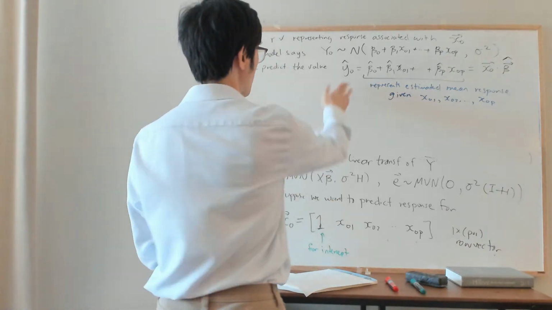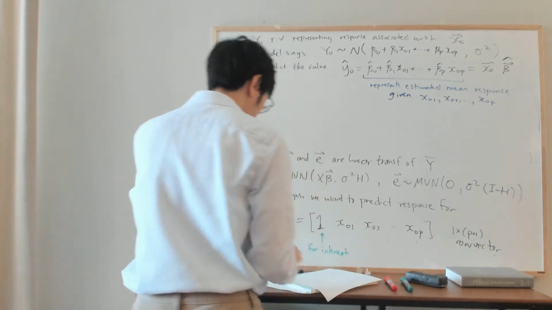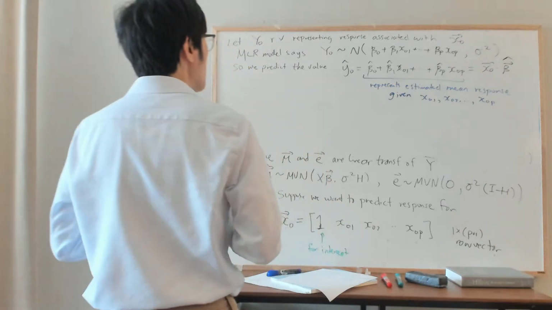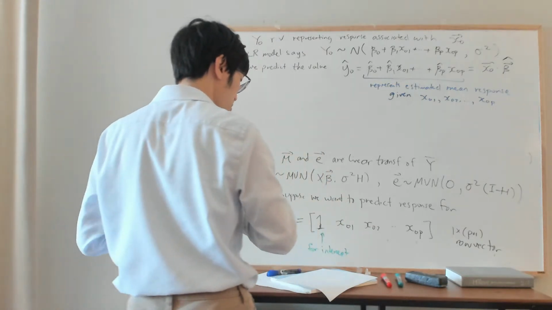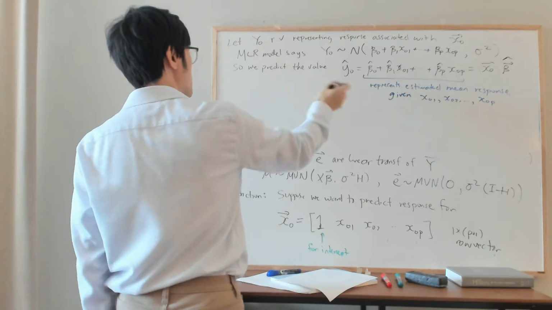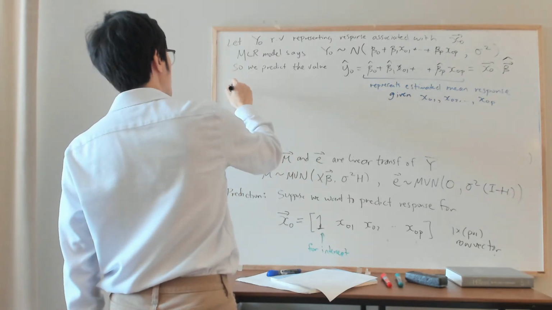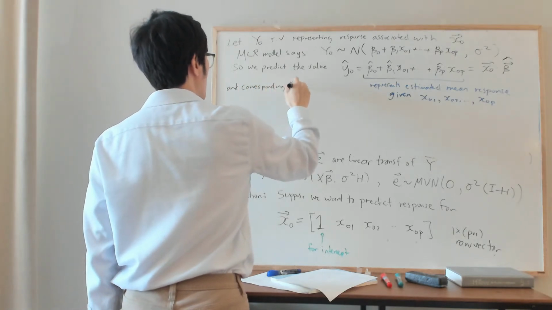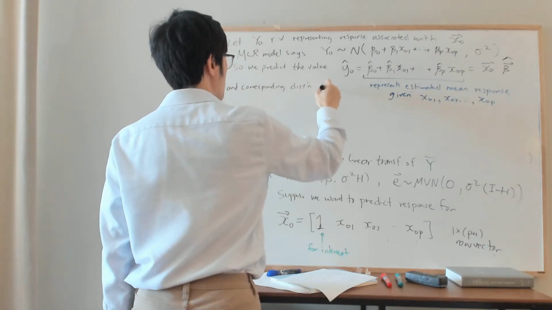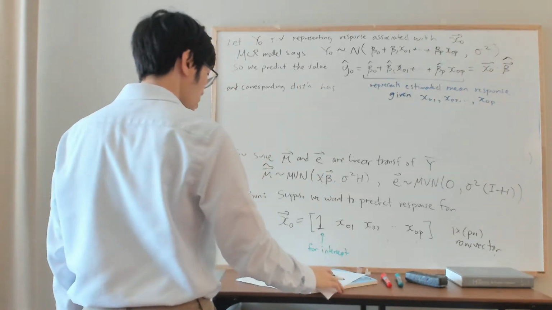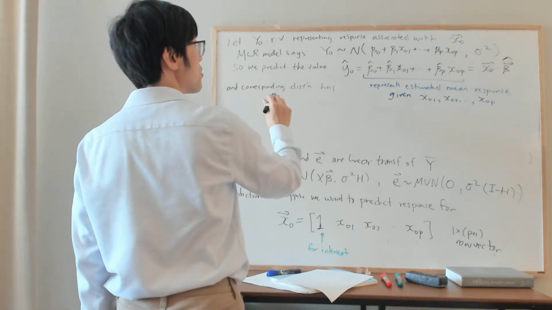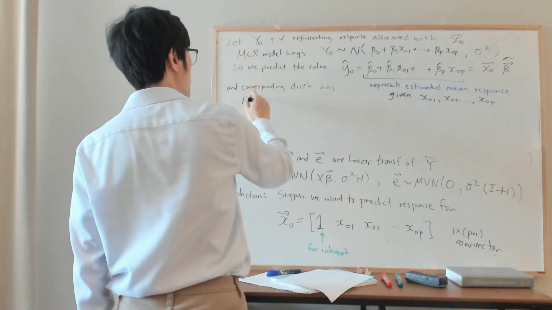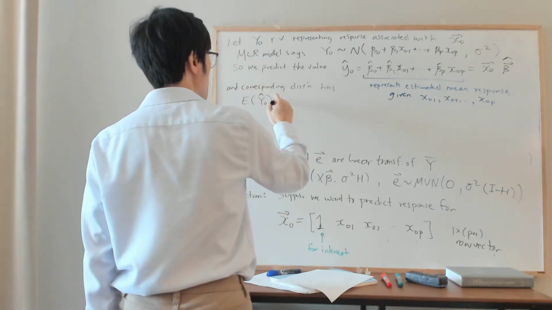And that's the value we can calculate, and again we can look at its distribution by viewing it as a random variable. We take the expected value again, E of y0 hat.